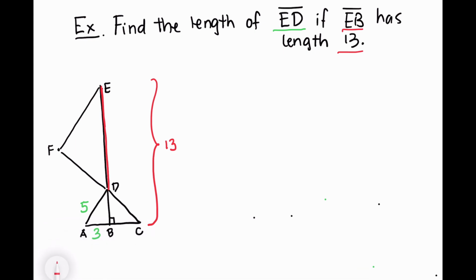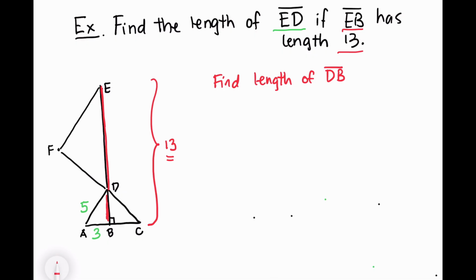How can we do this? What I'm going to go for is to try to find the length of segment DB, if possible, because then I can subtract that from 13 and get ED.